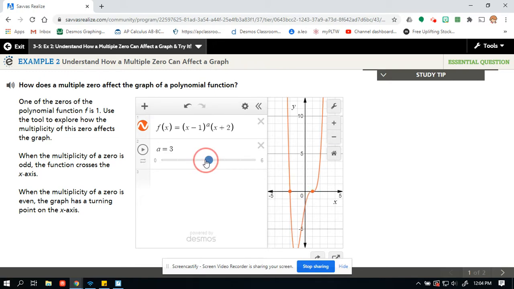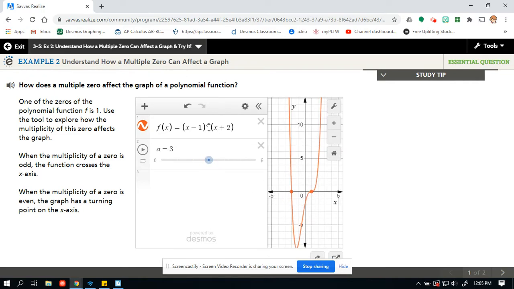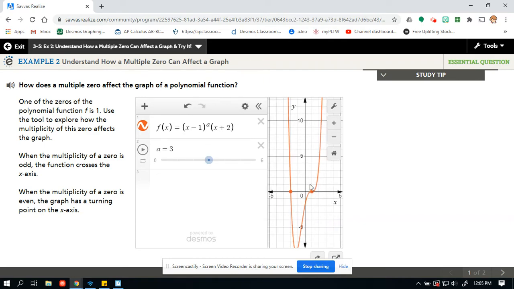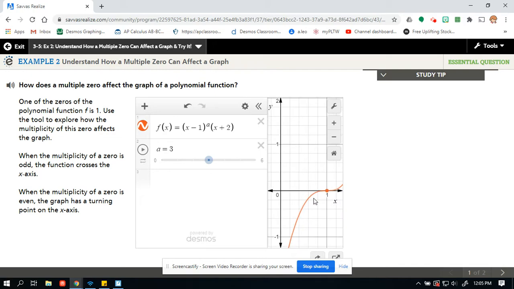All right, so we're going to keep going. That is for 3. Again, we still have the 2 zeros, even though I have 3 for a and 1 here, which is 4. I should have 4 solutions, but I still only have 2, and you can kind of see if I zoom in how this is getting a little flatter.